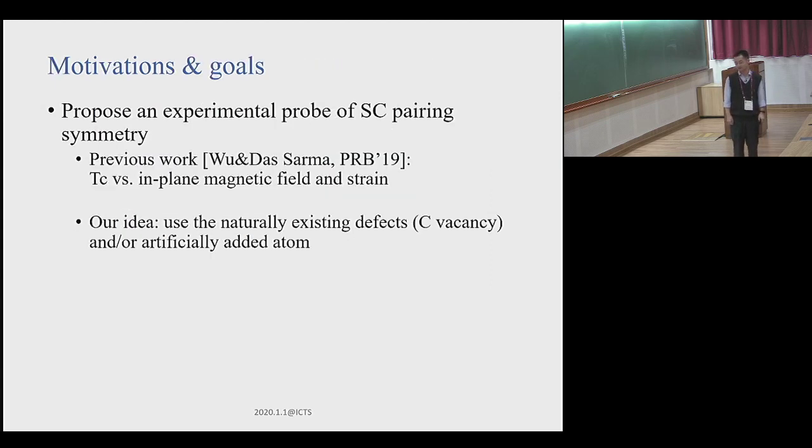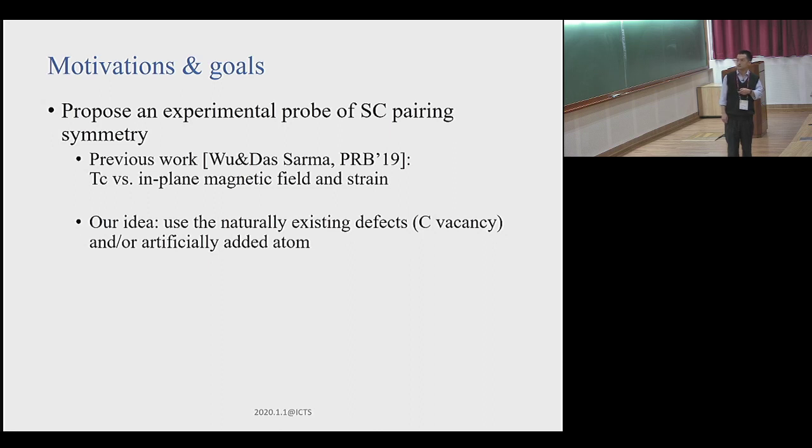As an undergraduate student, I was actually an experimentalist, so I always think about experiments. My idea is very simple: I try to see if I can propose some simple experimental probe to detect all these proposed superconducting pairing symmetries. And I searched the literature, and surprisingly, not many people tried to do this.